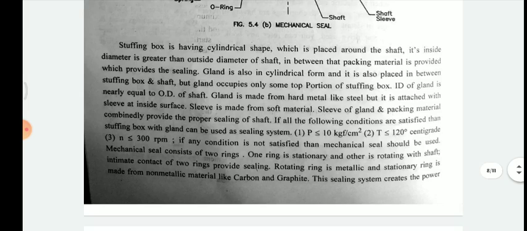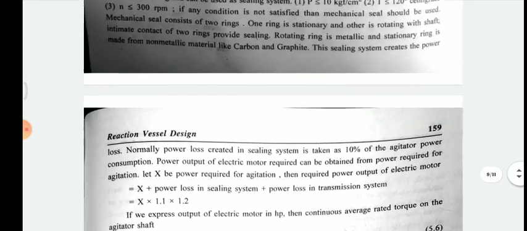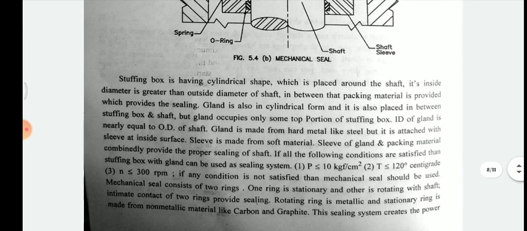Okay, so let's see, this stuffing box has a cylindrical shape. It is in the form of a cylindrical shell which is placed around the shaft.